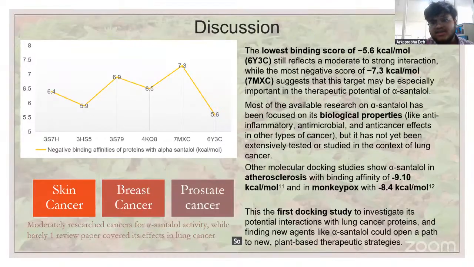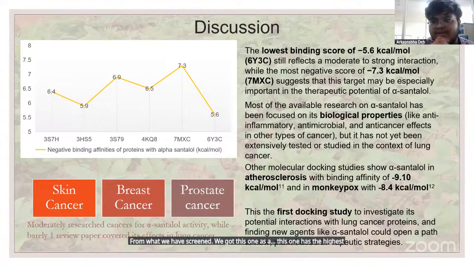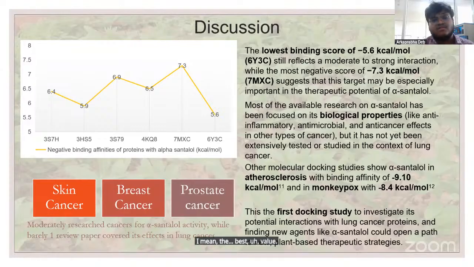This is an ongoing procedure of ours. We plan to screen more proteins in the future. Up until now, from what we have screened, we got this one as the highest.